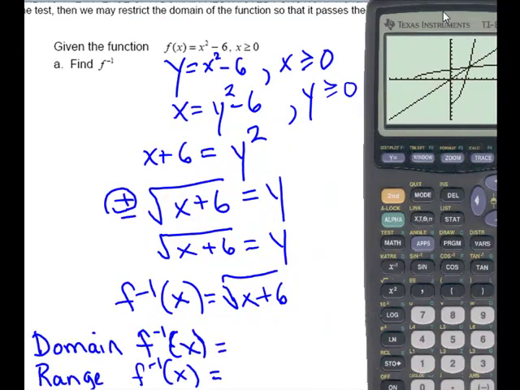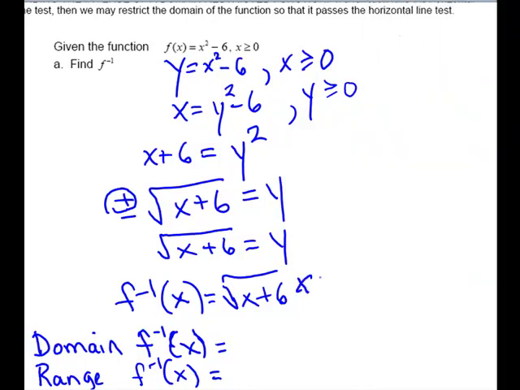They ask us to give the domain and the range of f inverse. And the f inverse is our square root function here. So the domain from the picture starts at -6 and goes forever to the right. That is coming from this. Your x plus 6 has to be greater than or equal to 0 if you're doing algebra.